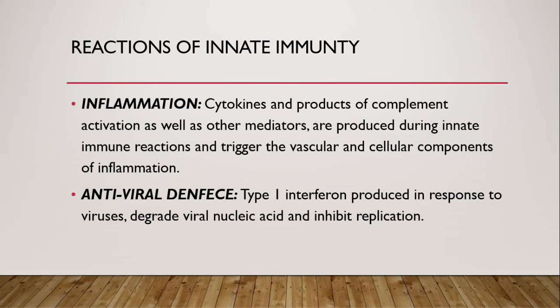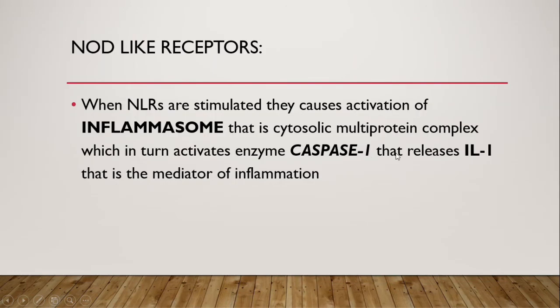We have discussed inflammation in detail in previous lectures. So one of the reactions of innate immunity is inflammation. It causes induction of the inflammation, such as the activation of inflammasome that causes caspase 1 to release interleukin 1, that also mediates inflammation.